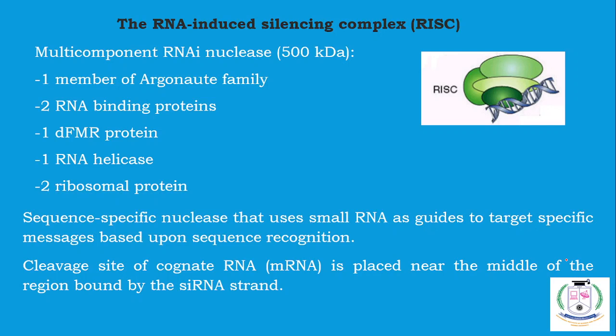The siRNA identifies the target mRNA through its sequence complementarity and binds to it. The cleavage of this cognate mRNA takes place near the middle of the region which is bound by the siRNA. So the siRNA identifies and binds, it guides the complex to the mRNA which has to be degraded, it binds, and then the cleavage is effected.